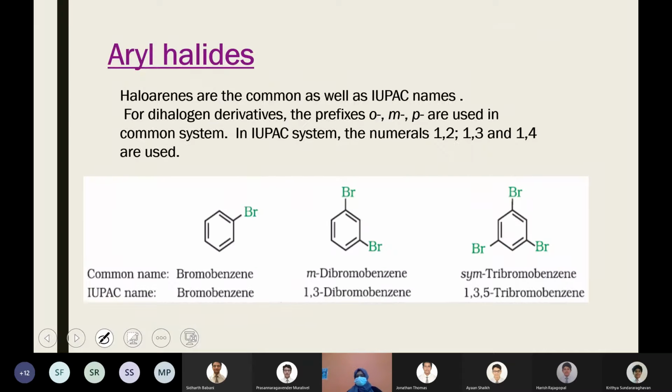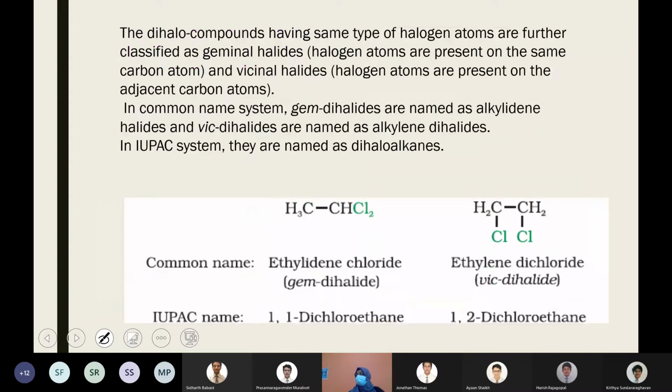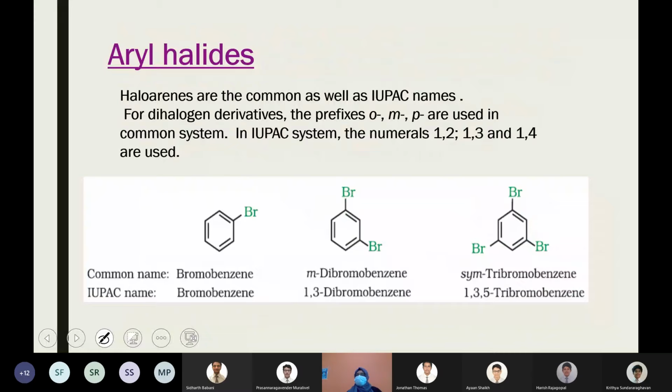Next is aryl halides. In aryl halides, you know that in the common naming system we used to have ortho, meta and para positions. Otherwise, in IUPAC you are just using the numbering method.